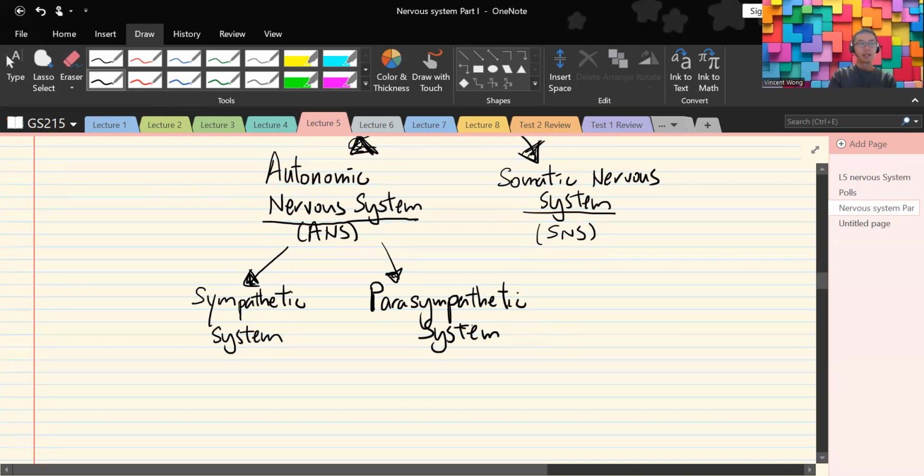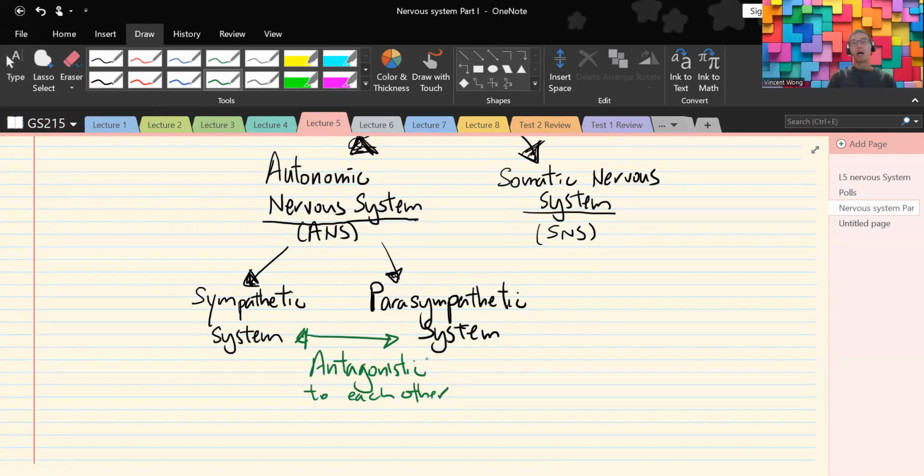These two divisions are antagonistic to each other. They target the same organs in many instances, but the effects on the target are opposite. For example, they both target the heart, but the sympathetic system will cause the heart rate to go up, whereas the parasympathetic system is going to tell the heart rate to come down.